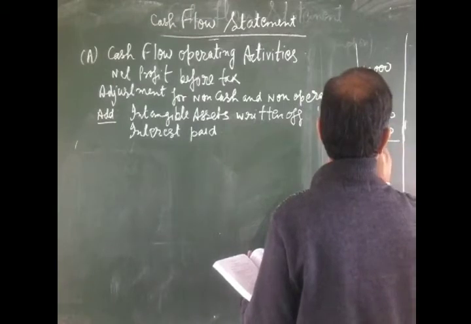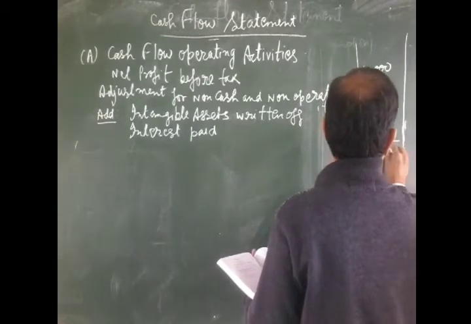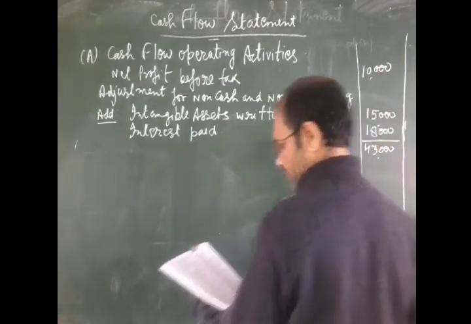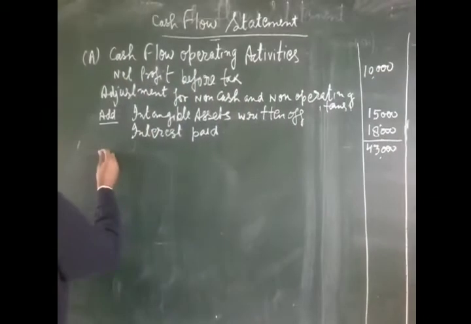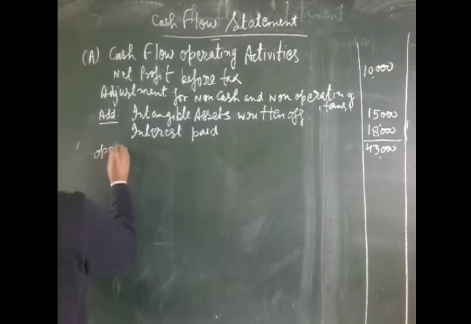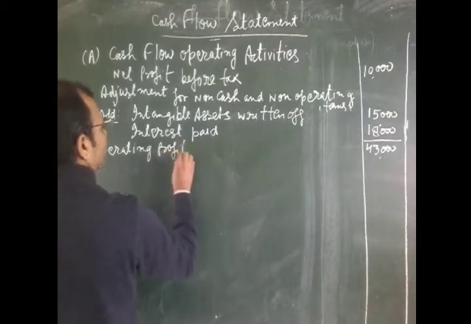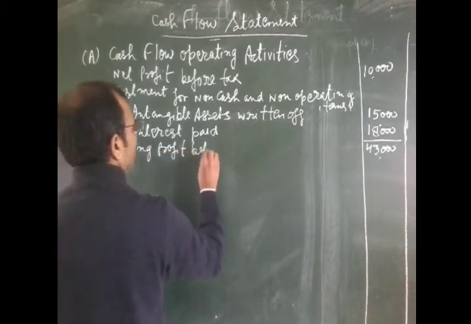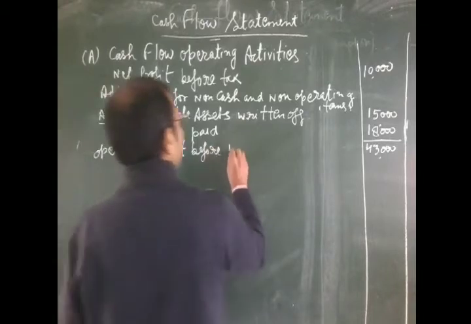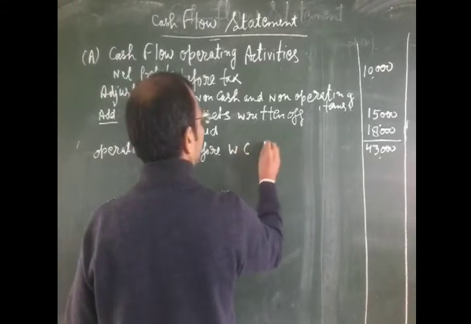The amount will come 43,000. After doing this we will write here operating profit before working capital changes.